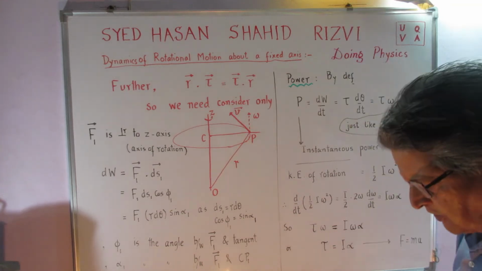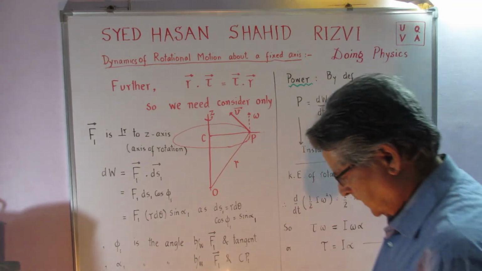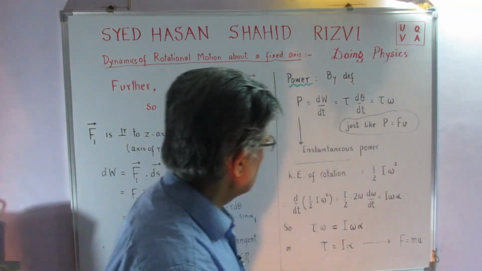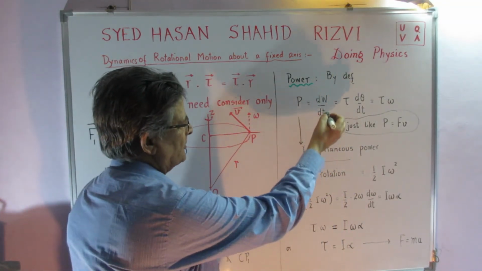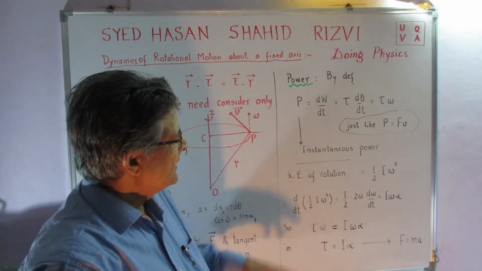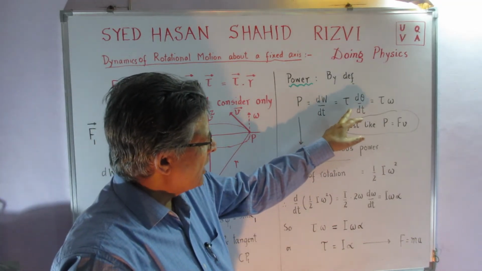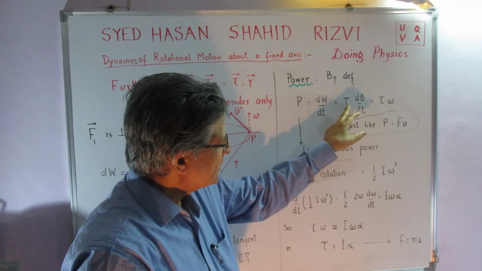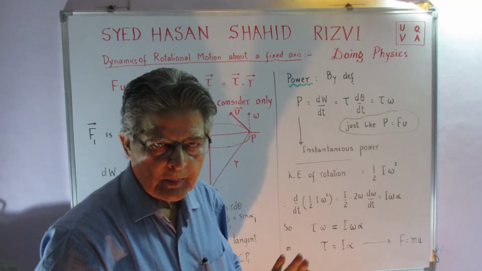By definition, power is the derivative of work done with respect to time, dW over dt, and W is equal to torque into theta.